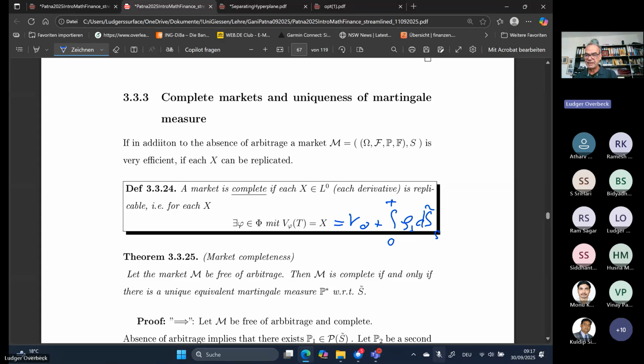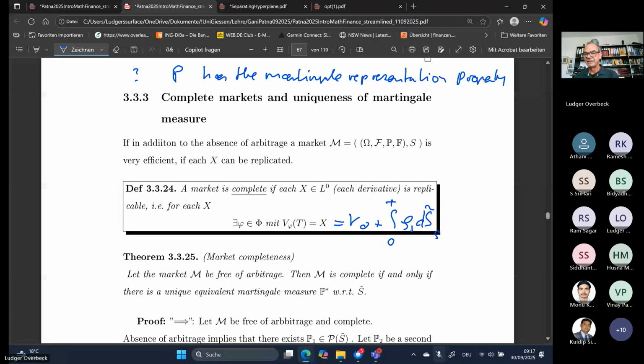What does it mean? The deep mathematical result of this is whether P has the martingale representation property. And as I told you, that's why it's called mathematics and not computing.